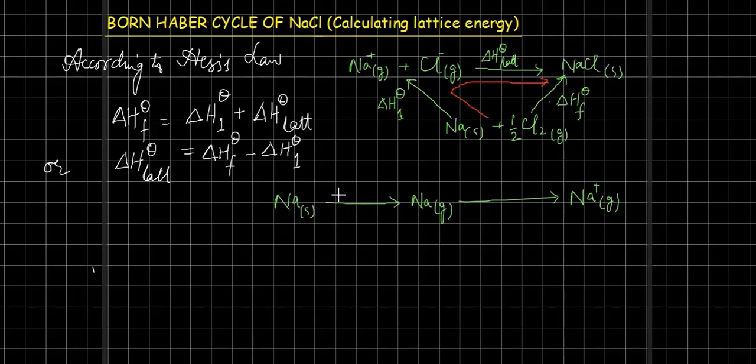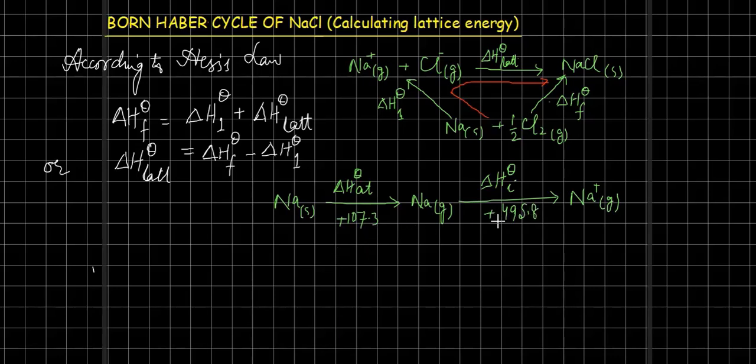Here, the enthalpy change of atomization of sodium is plus 107.3 kilojoule per mole. And from gaseous sodium atom to sodium ion, this is the standard enthalpy change of ionization, or ionization energy, and the value of ionization energy for sodium is plus 495.8 kilojoule per mole, right?